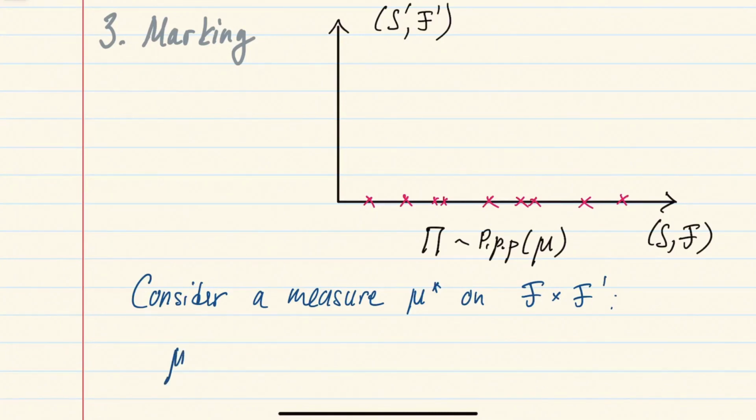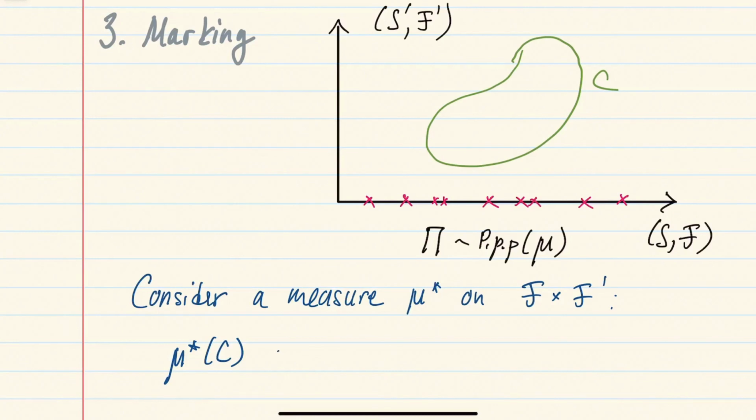So mu star of some set C on this product space, so let's say we consider some set C here, we'll define the measure of this set to be an integral over this set of this transition kernel K_s(ds'), and then you integrate with respect to this mean measure mu on the first coordinate.